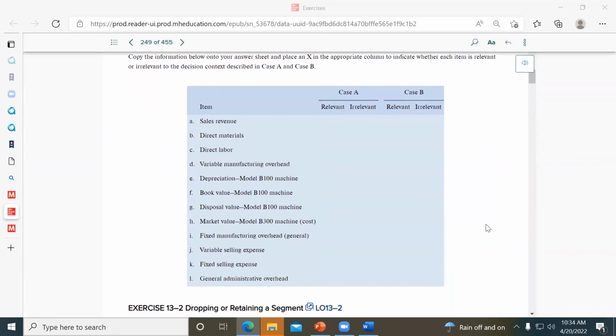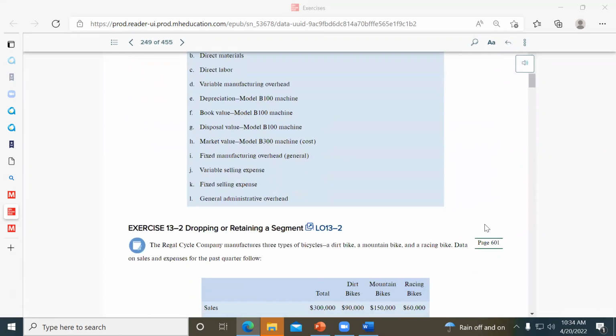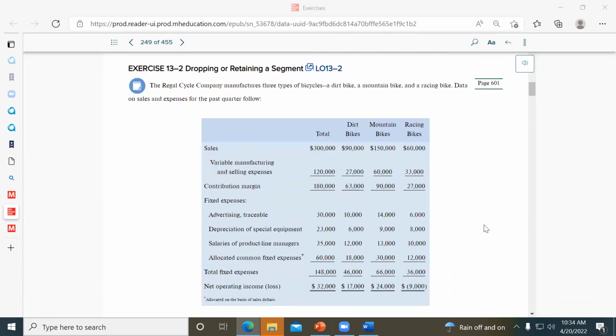So here we've got the Regal. This is exercise 13.2. The Regal Cycle Company manufactures three types of bicycles: a dirt bike, a mountain bike, and a racing bike. Data on sales and expenses for the past quarter follow.